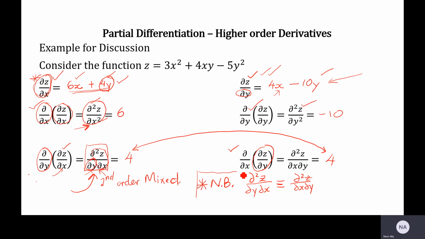That is a theorem that you can prove, but we are not doing any proofs at all. So you'll always find that the mixed second order partial derivatives are indeed equal. Okay, that was an example for discussion.